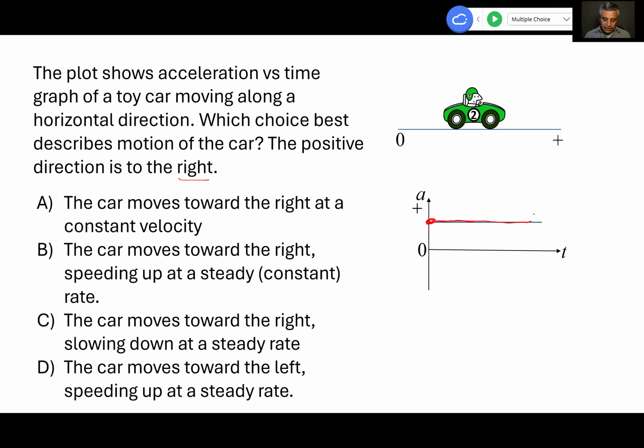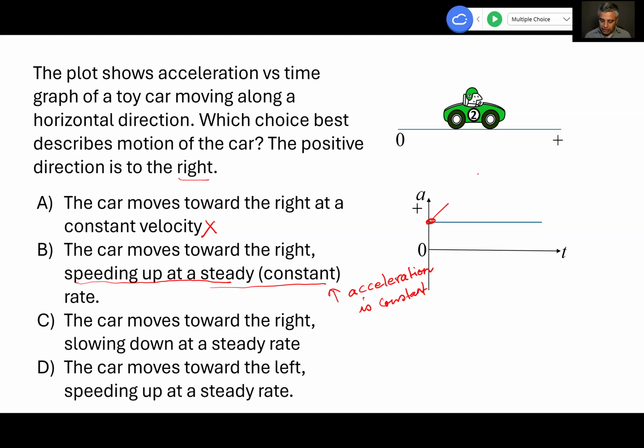So if an option says constant velocity, that is wrong. Here, it did not say constant velocity. Rather, it said the speeding rate was constant, so it is talking about acceleration. It's saying acceleration is constant. And yes, of course, acceleration is not changing.